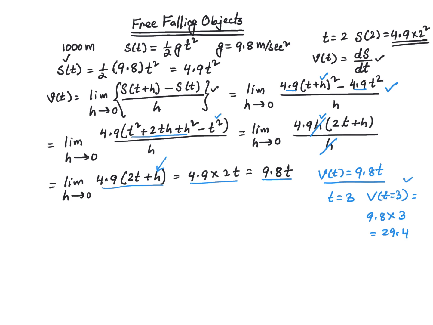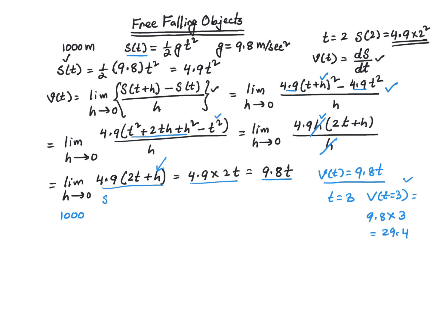Another very classical problem people ask is: what is the velocity of the object when it hits the ground? When it hits the ground, the distance is 1,000 meters, because in my example the object is dropped from 1,000 meters above the ground. So s of t is 1,000 when it touches the ground.